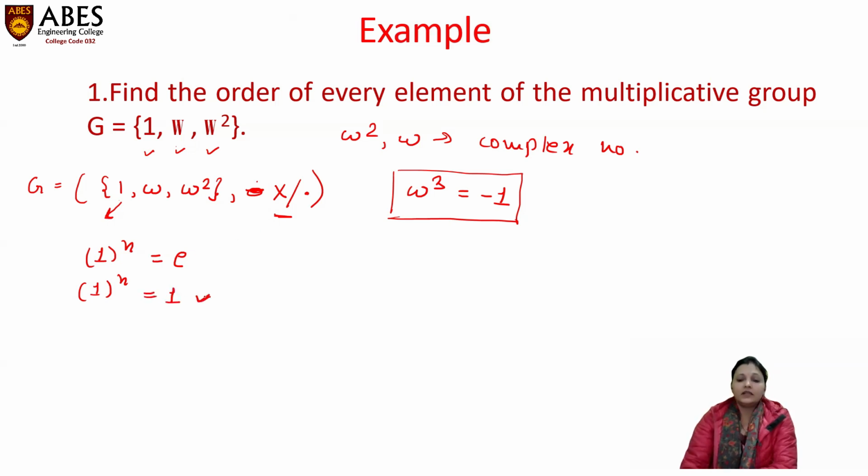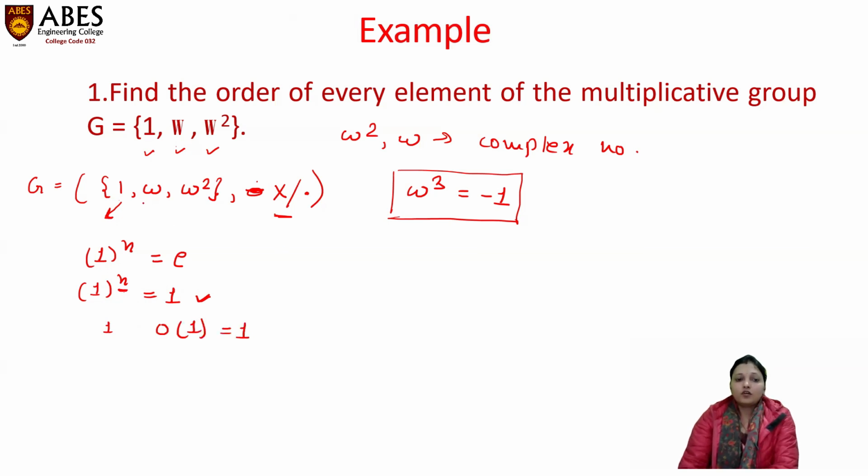The calculation of identity element is explained in detail in the previous lecture of this unit. So here the smallest positive value of n will be 1. So order of 1 is 1.